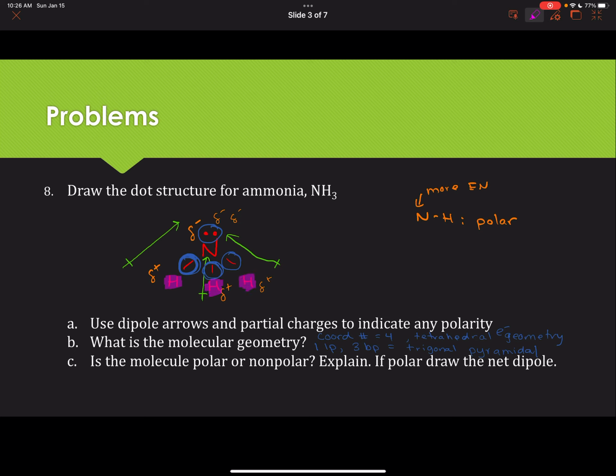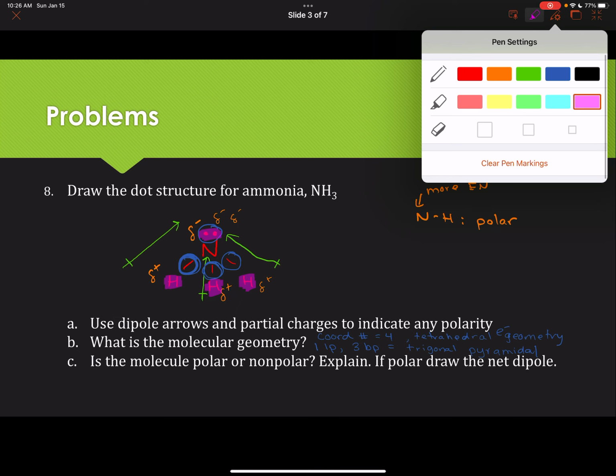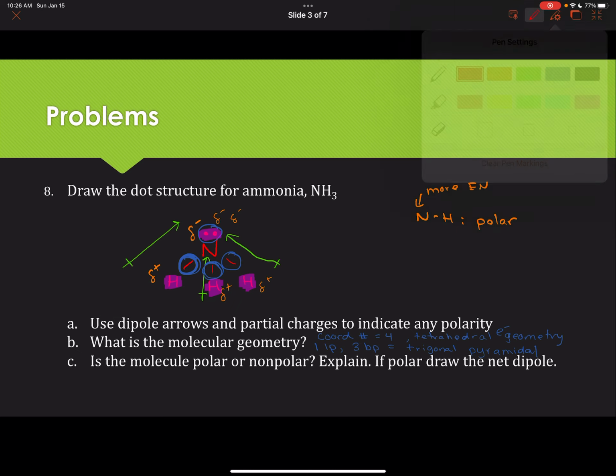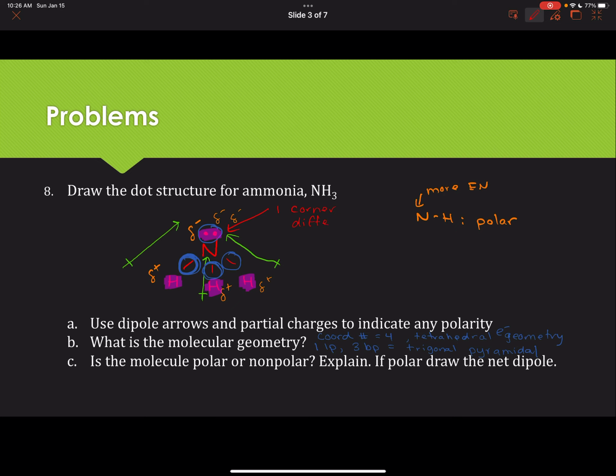So the base is all the same, but the top of my pyramid here is different. I have one corner different from the others. So that's going to make this molecule unsymmetrical.